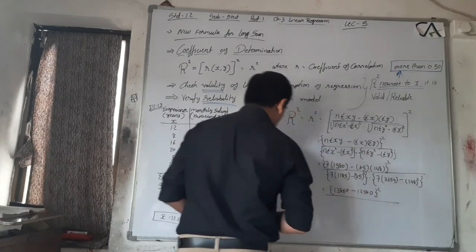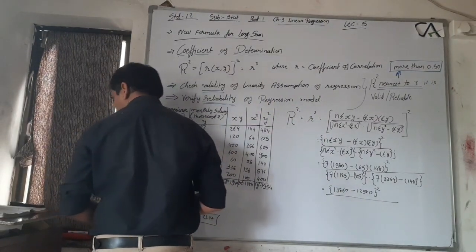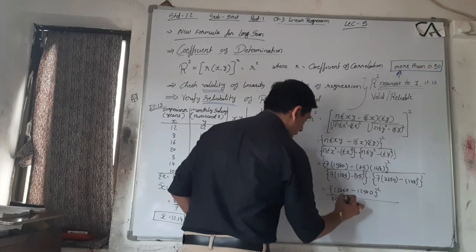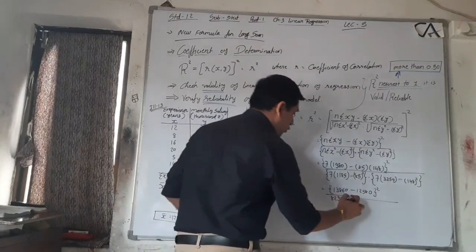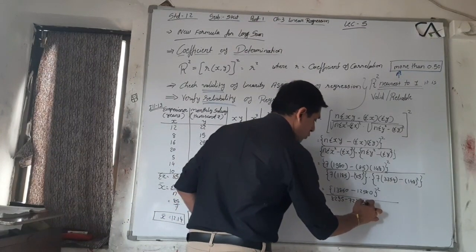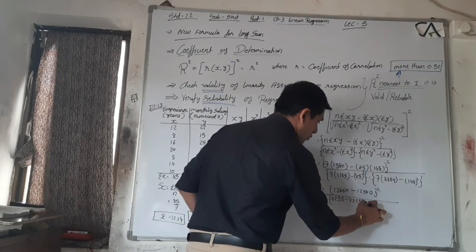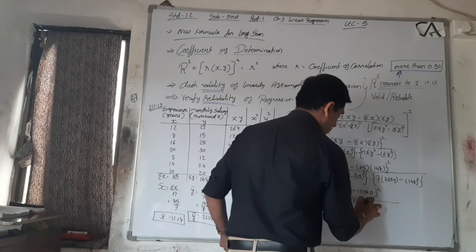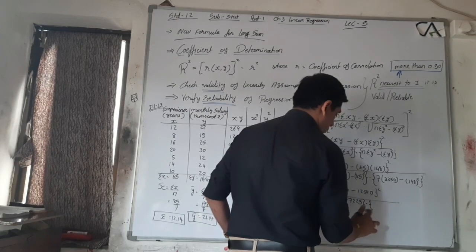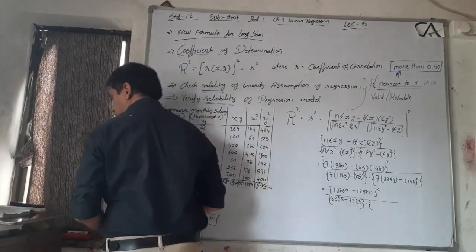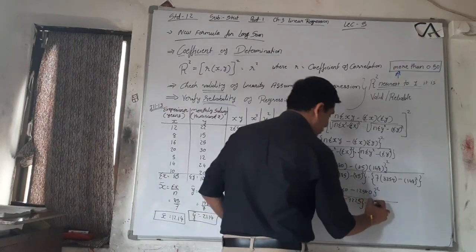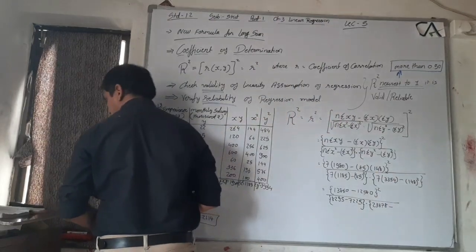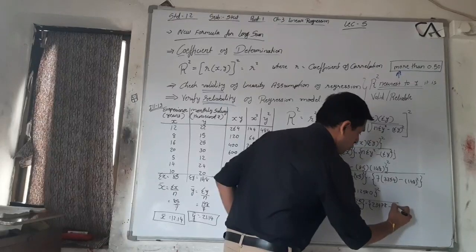In the numerator, 7 into 1185, that is 8295, minus 85 square, that is 7225, into 7 into 3354, that is 23478, minus 148 square, that is 21904.